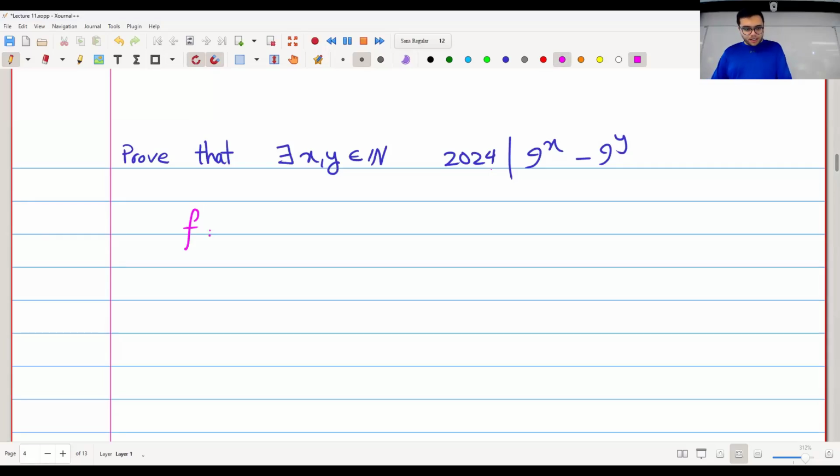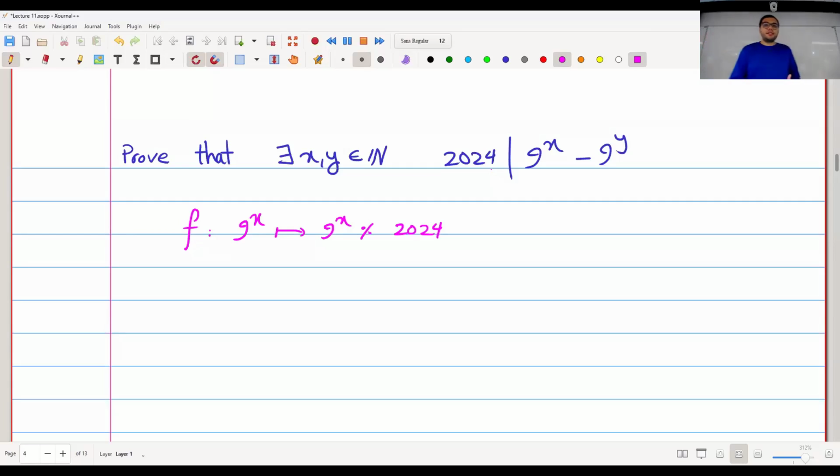So let's say it takes 9 to the power of x, and it maps it to its remainder modulo 2024. And I'm going to use C++ notation. So I want to basically say that the powers of 9 are my pigeons, and the remainders modulo 2024 are my holes. But the problem is that now my set of pigeons is infinite.